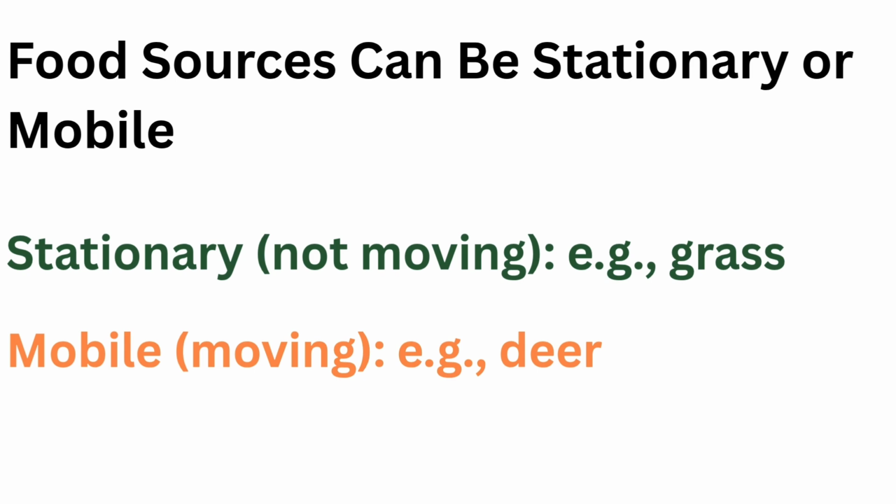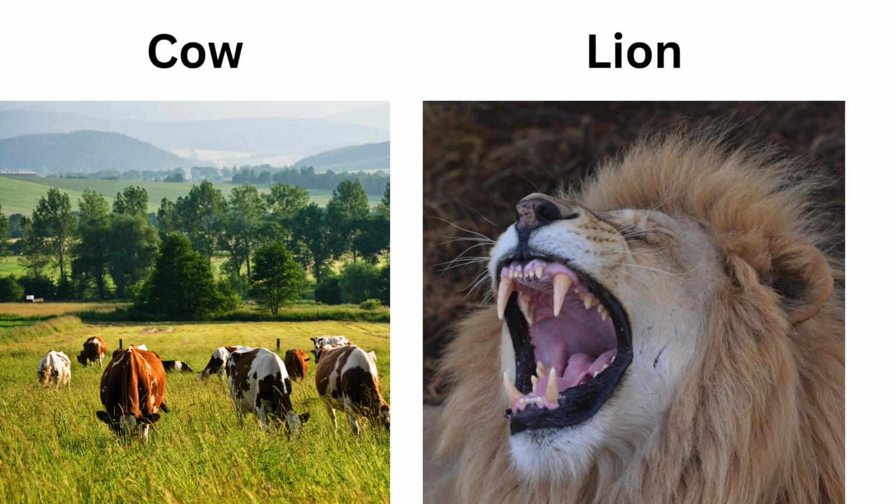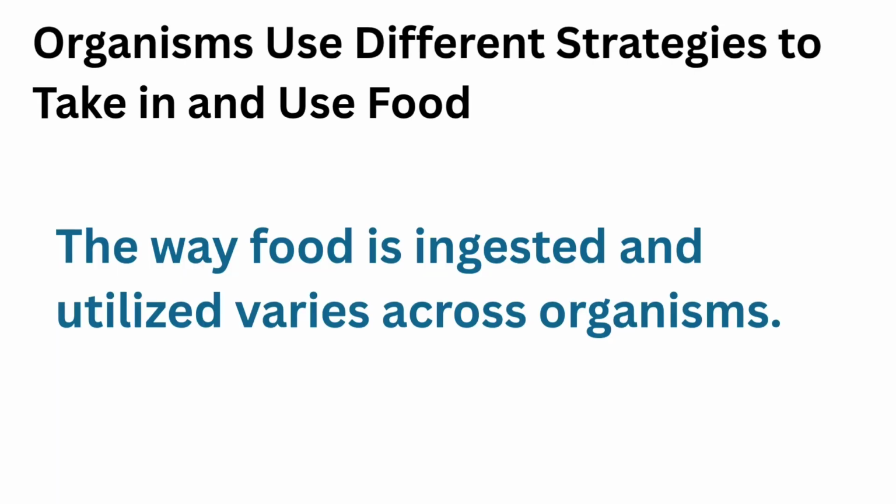Others feed on mobile food sources, meaning food that moves or runs like a deer. And this difference in food source affects how the organism accesses or obtains food. And it also determines what kind of nutritive apparatus or feeding organs they need. For example, compare the teeth and digestive system of a cow with that of a lion.